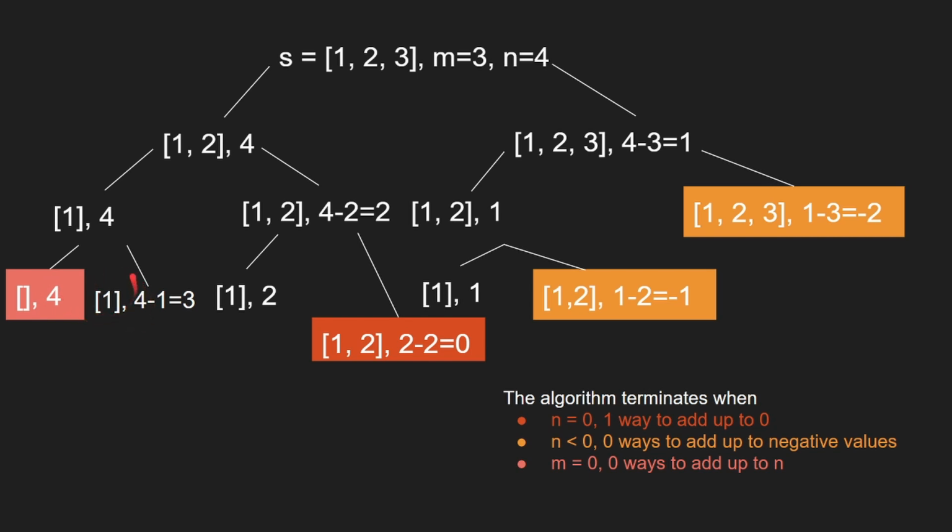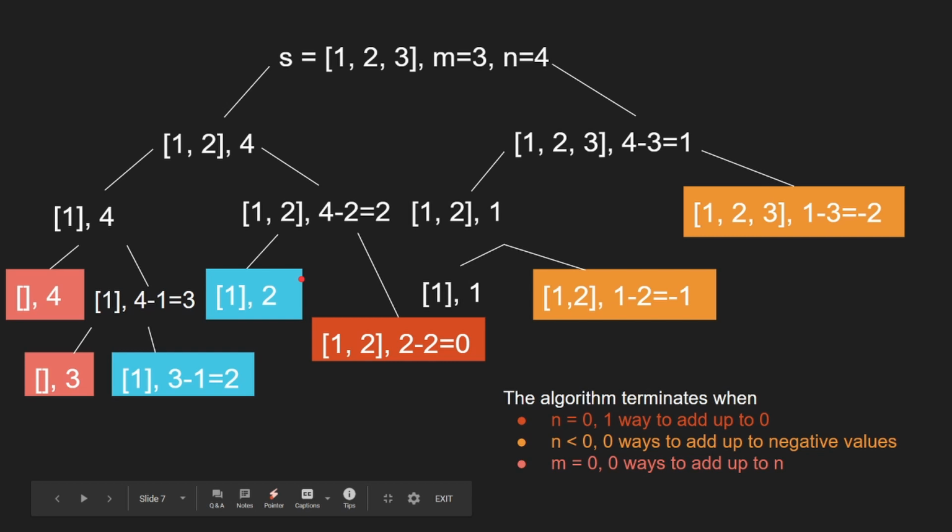If you do use the last value, then you're using the coin 1 to add up to 3. If you don't use the last value, then you're using coin 1 to add up to 2, and if you do use the last value, then you stop processing because there's one way to add up to 0, which is by not adding any coins.